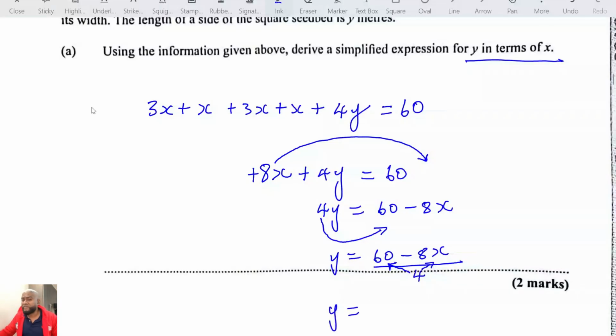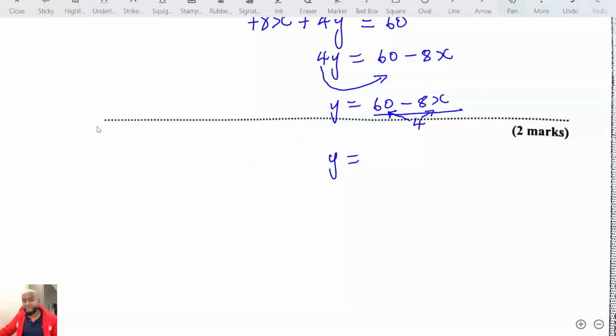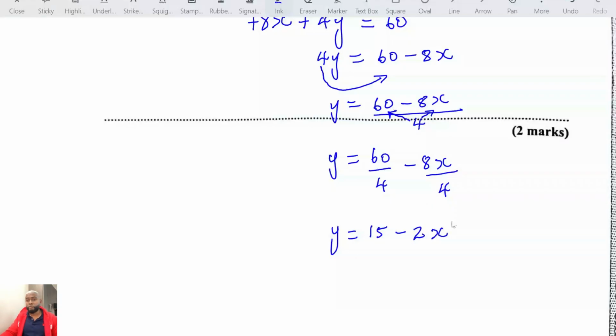Some of these steps you could leave out, but I put in all these steps. So it'll be 60 over 4 minus 8x over 4. Y will be equal to 60 divided by 4, which is 15, minus 8x divided by 4, which is 2x.